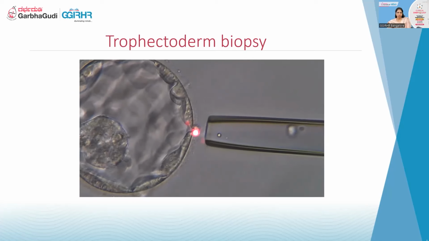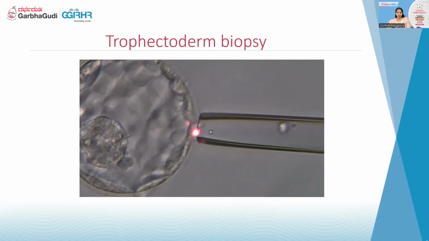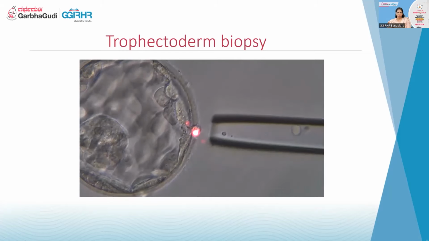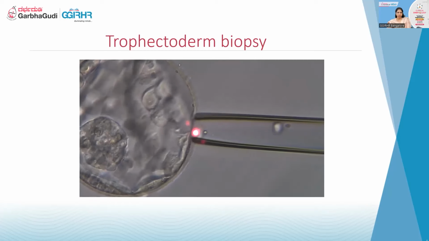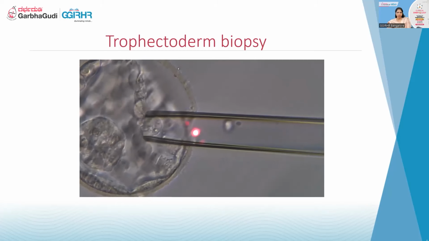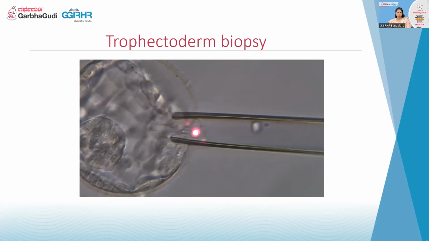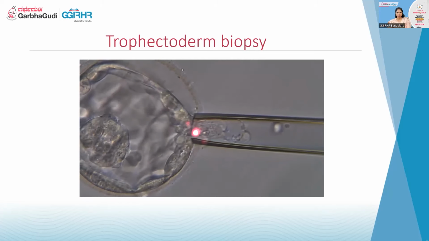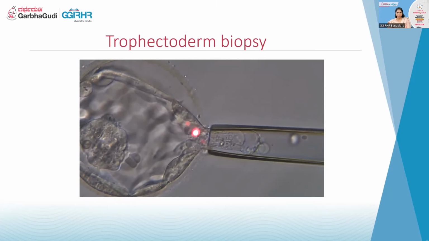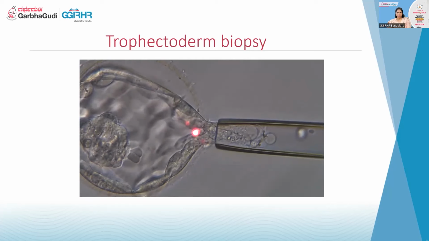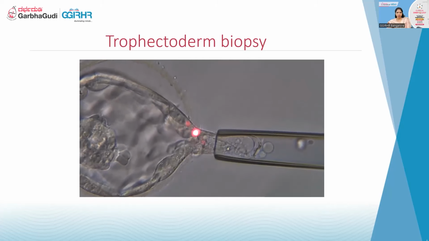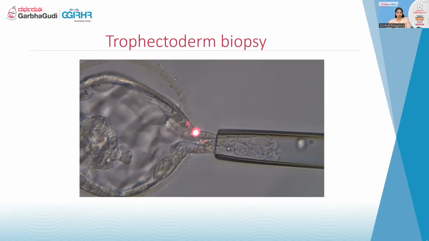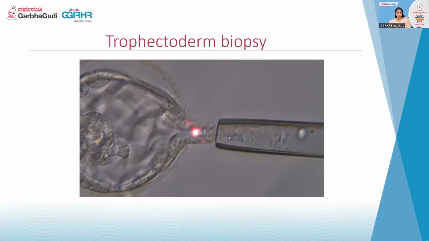The embryologist is focusing the embryo. This is called the biopsy needle, and the embryo is already held well with a holding needle. Now the biopsy needle enters the embryo and removes only the trophectoderm cells. I think 5 to 6 cells have been aspirated. Now you can see multiple shots of laser given, and the cells are dislodging from the blastocyst.